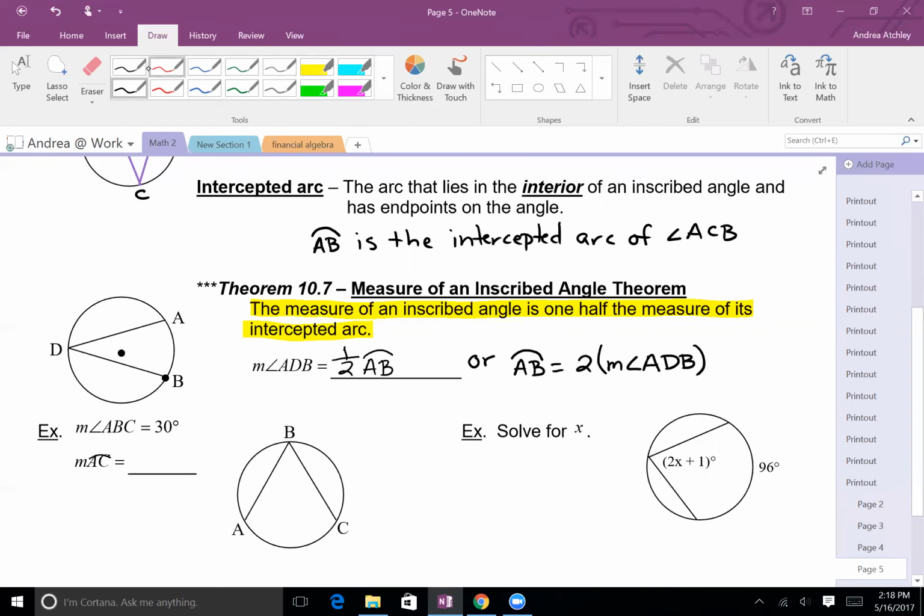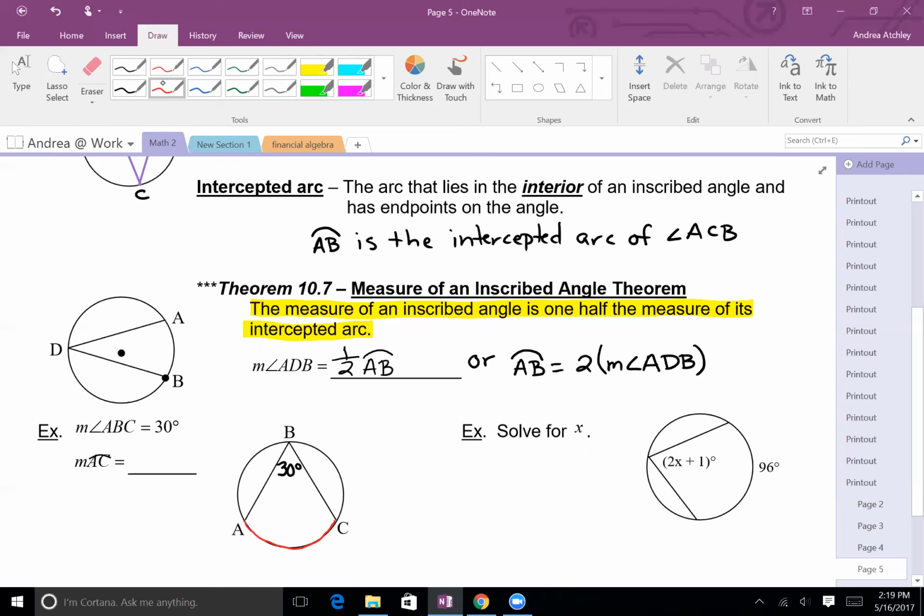So in this next example, they say that angle ABC, so here's ABC, is 30 degrees. They want you to find arc AC. Okay, Jeremiah, what is the arc AC?